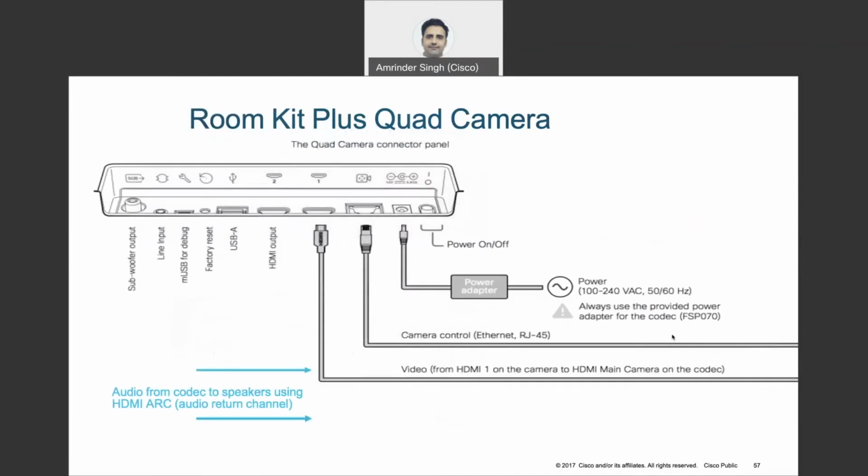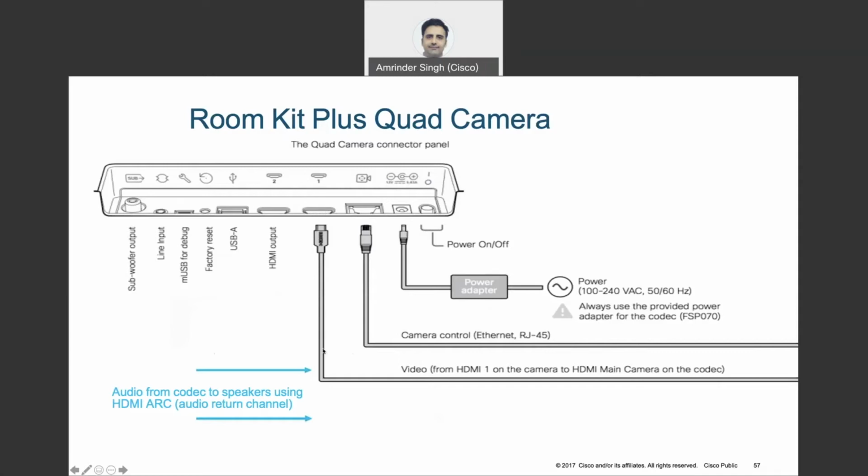At the back of this unit, these are the ports that are available. I can just talk about the main ports that we mainly look for. This is your camera control, and this is the back panel of it. From here, you need an Ethernet cable which goes from here and connects to your codec. You'll have a second cable which will be HDMI, because you have your camera in the front with the lens, and the feed comes out from this port.